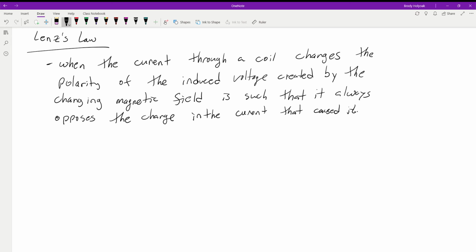So again, Lenz's law says when the current through a coil changes, the polarity of that induced voltage created by the changing magnetic field is such that it always opposes the change in the current that caused it.